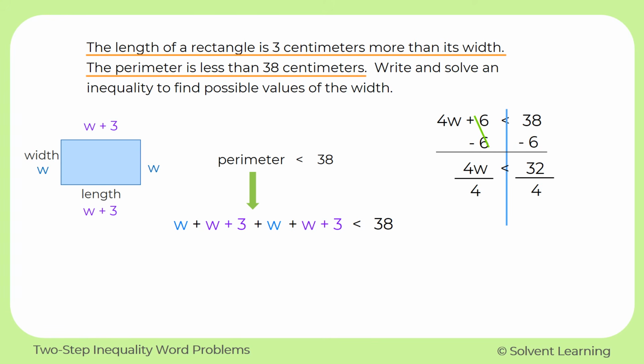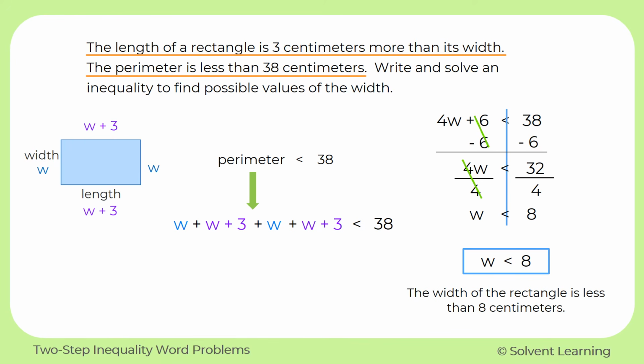Then we divide by 4 on both sides. 4 over 4 cancels out, and on the right 32 divided by 4 is 8. So W is less than 8. Our inequality is solved: the width has to be less than 8. Written as a sentence, the width of the rectangle is less than 8 centimeters.